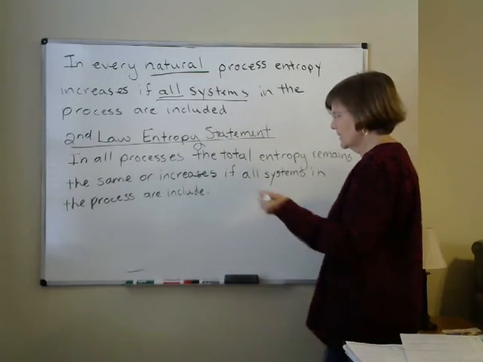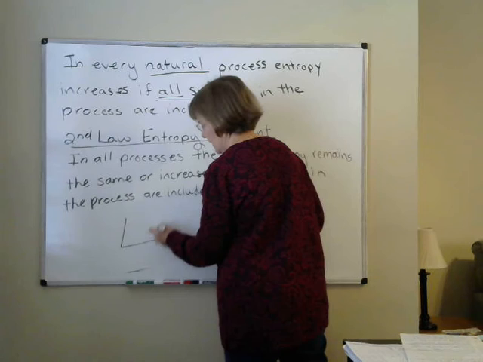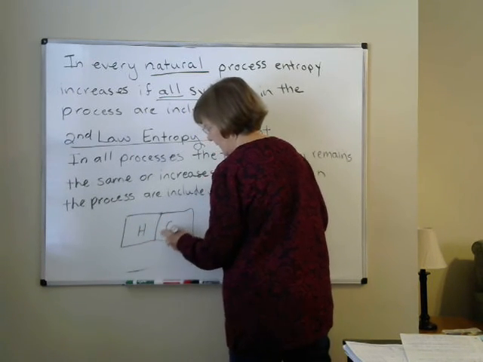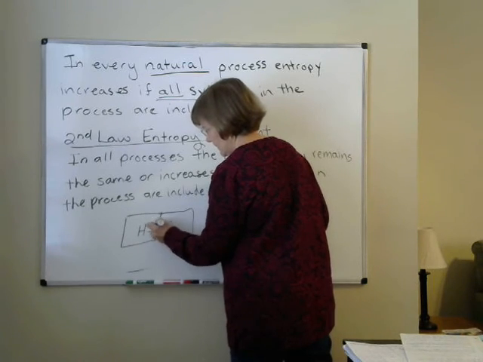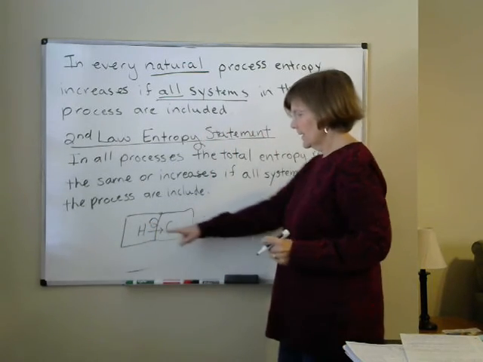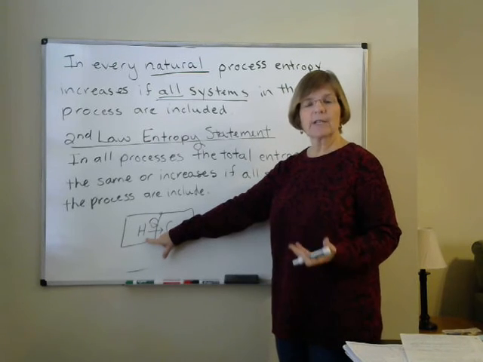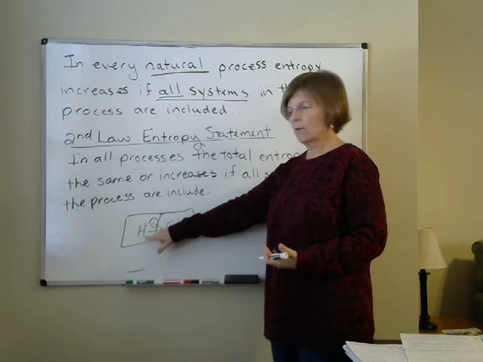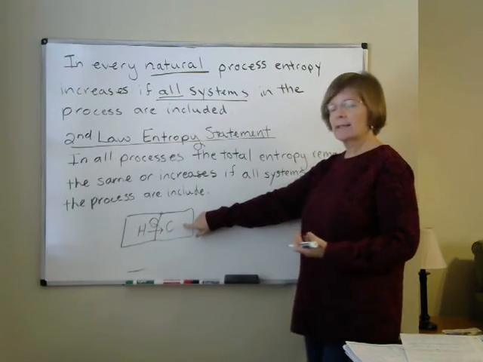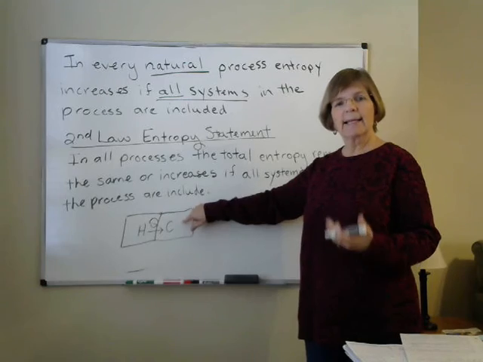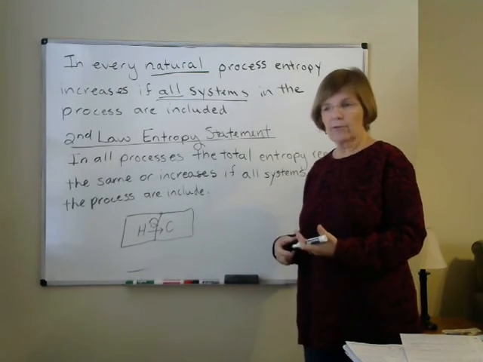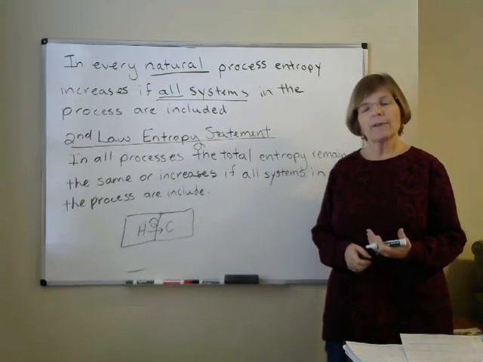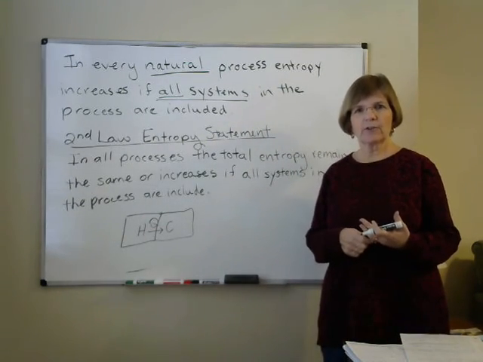If we think about the hot block and the cold block, and the heat transfers like this, what's going on? Well, the entropy in this block actually does go down. As it cools, it's more ordered, its entropy goes down. But the entropy of this block goes up, and it actually goes up by an amount greater than what this goes down. So by the time this reaches thermal equilibrium, we've had an increase in the entropy of the universe.